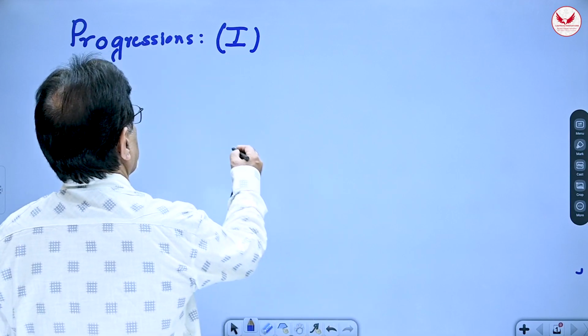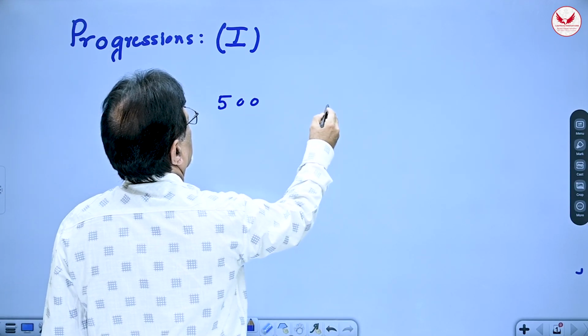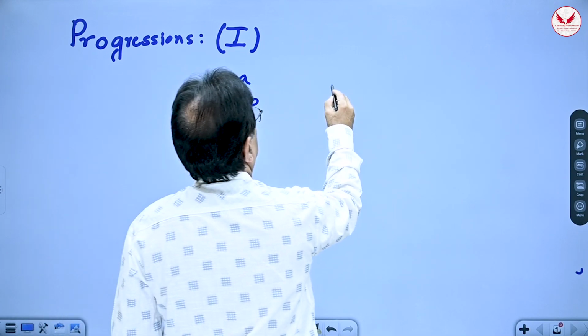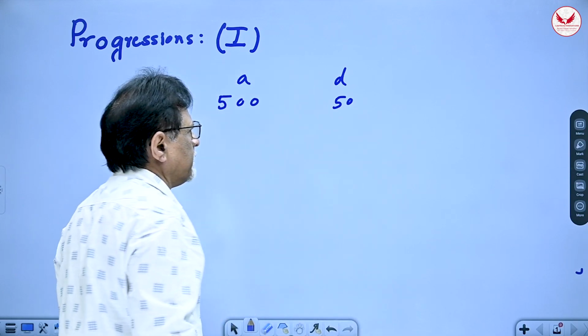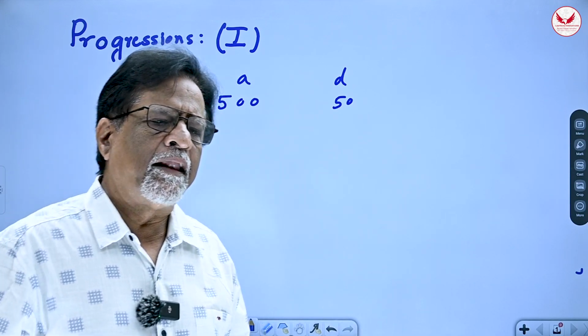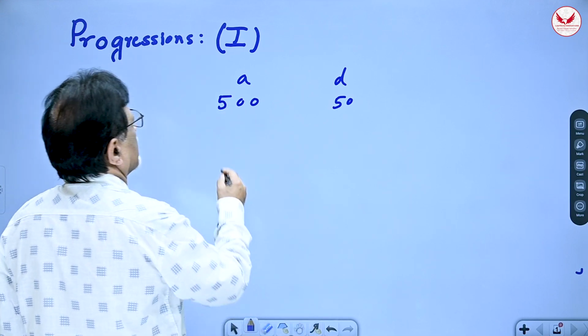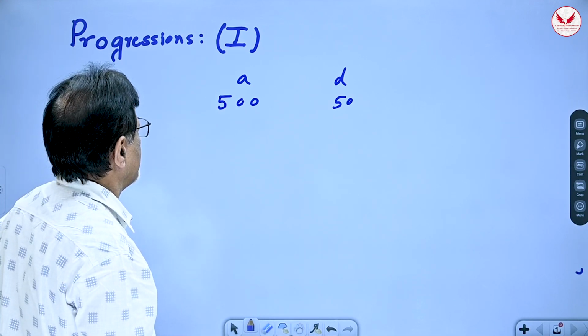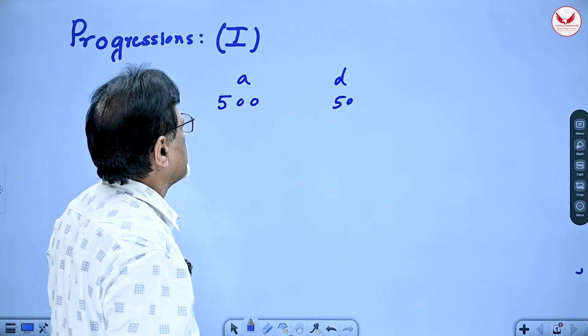Starting salary is 500 rupees, and every year, that means A is 500 and common difference here is 50 rupees, okay? But remember one thing, that annual increment is there. So his first salary is 500, and then at the end of first year he is going to get an increment of 50.